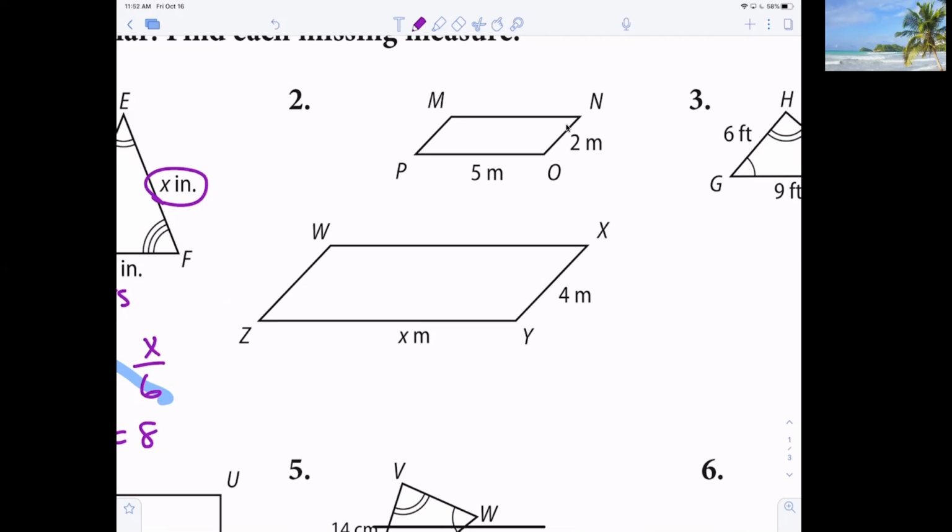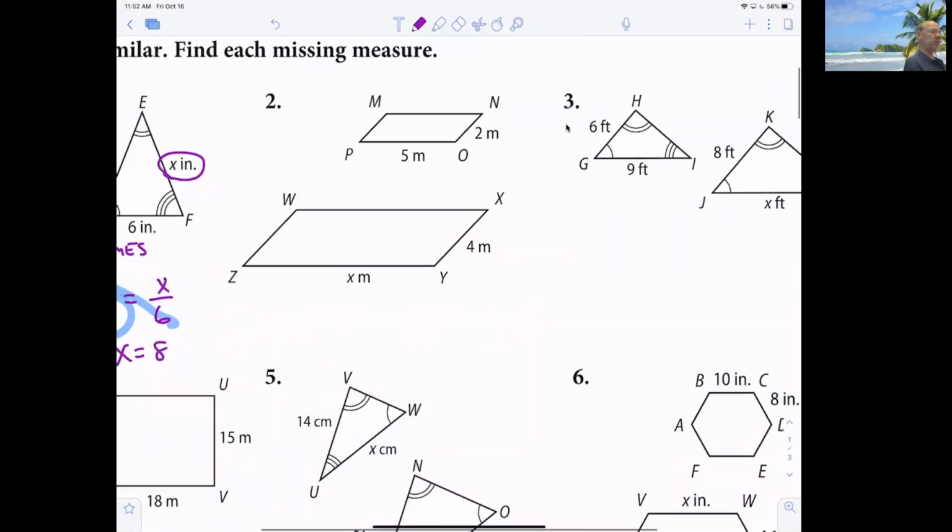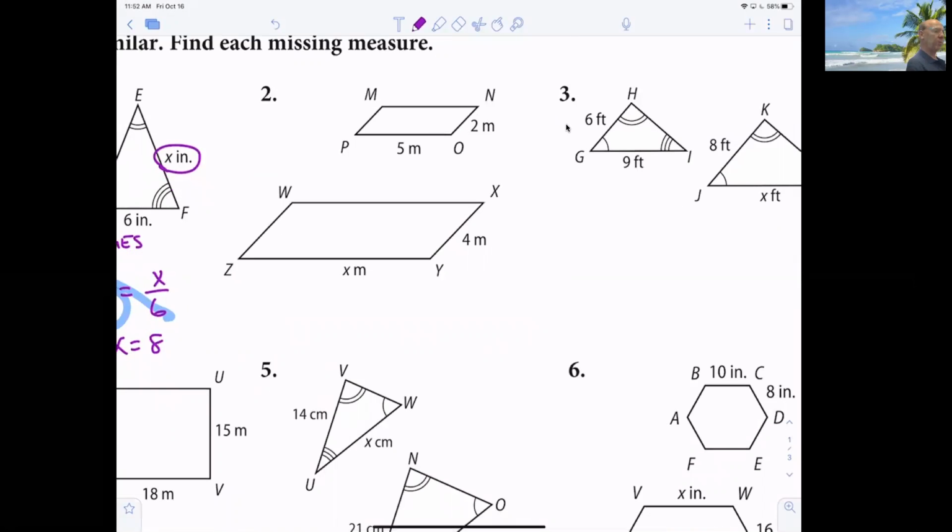You with me? I want you now to write the proportion. Everybody's going to get a chance to write a proportion. Set the proportion up for me now. 2/4, beautiful, and then 5/x. Yes, 2/4 is 5/x.